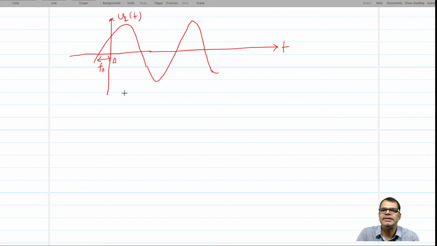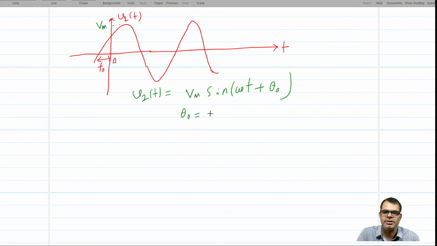So you can easily write V2(t) is equal to, amplitude remains the same, Vm sin omega t plus theta naught. What is theta naught? Theta naught is equal to omega t naught.